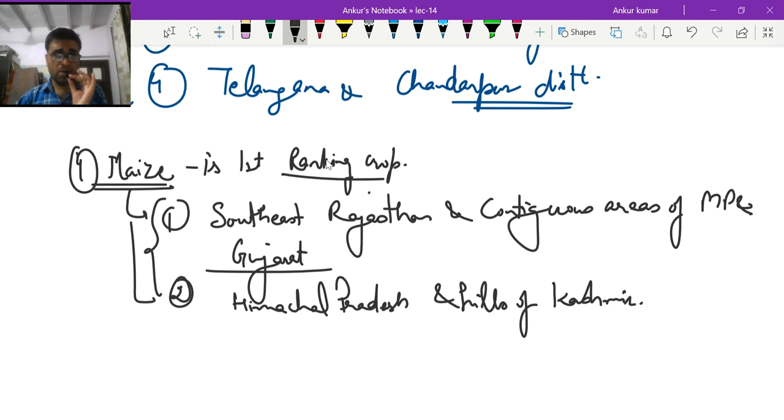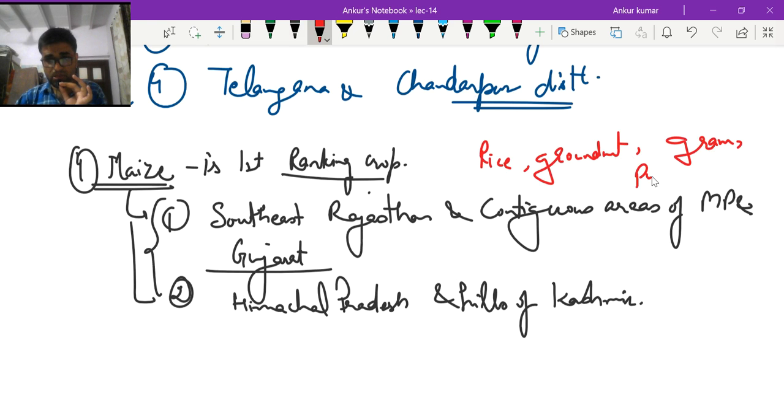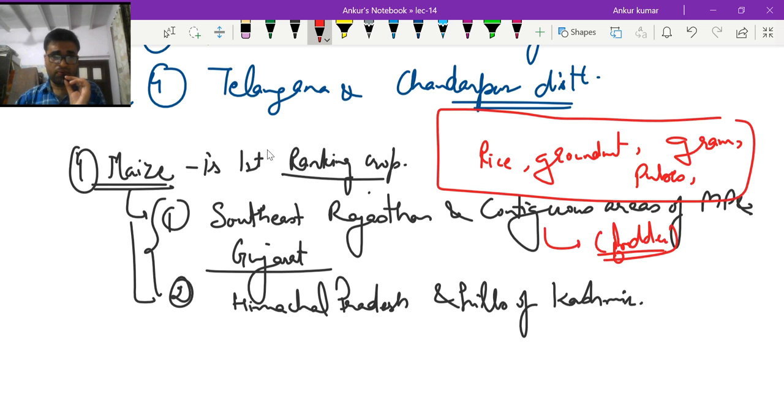But you must understand that maize is not the only crop that is grown. Along with maize, other crops like rice, groundnut, gram, pulses, and in Rajasthan more particularly the fodder. So these are the additional crops which are grown with the first ranking crop, that is maize.